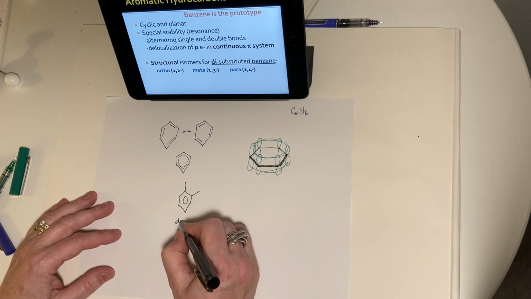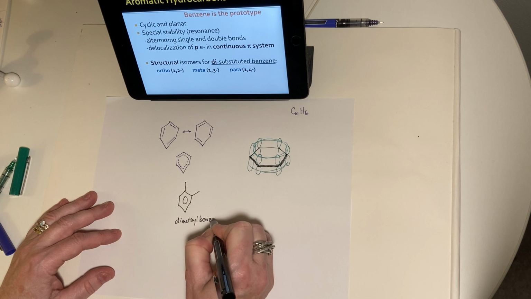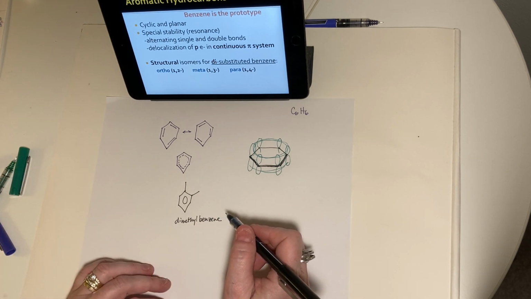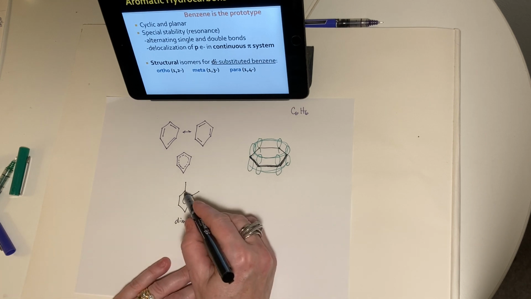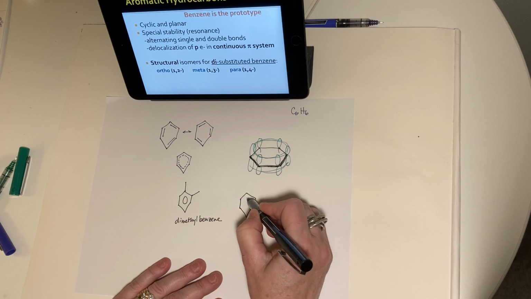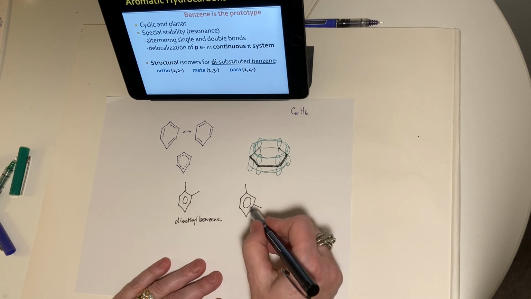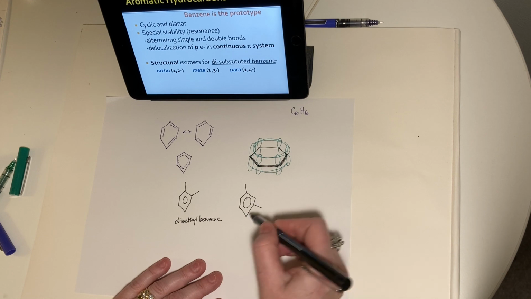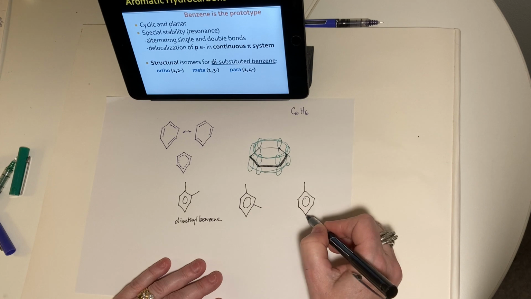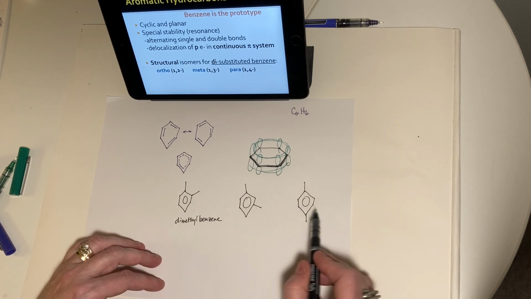So this is a dimethyl benzene, but that may not be enough of the name here, because I could take those two methyls and put them in different positions, and that gives me an isomer. That's also dimethyl benzene. And then there's one other possibility, and that's putting them on these positions. It's another dimethyl benzene.